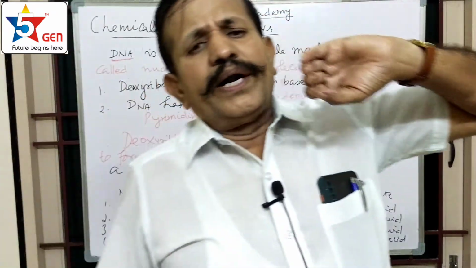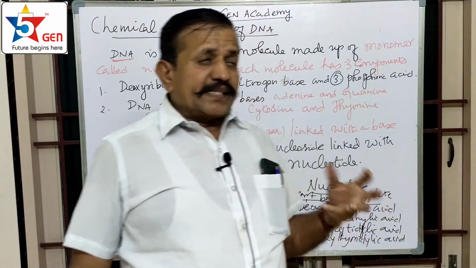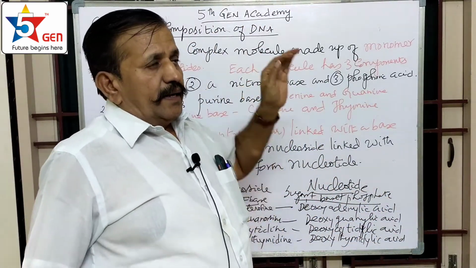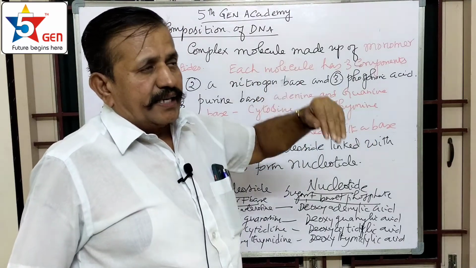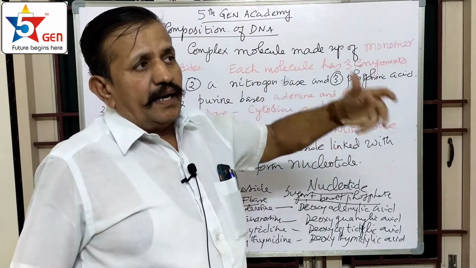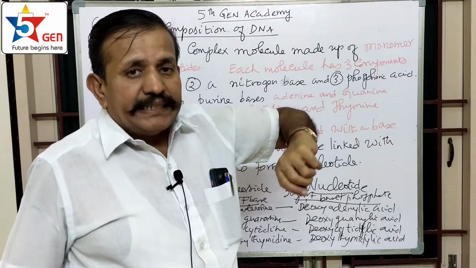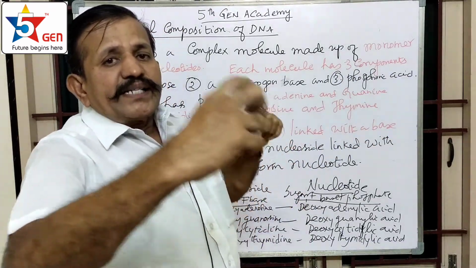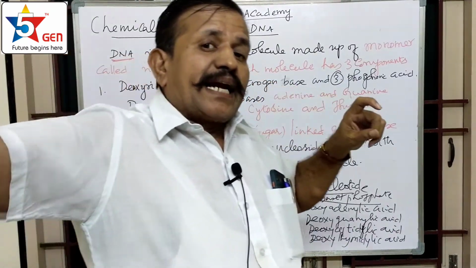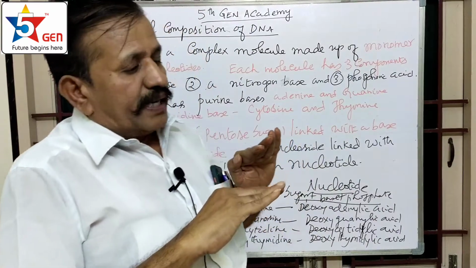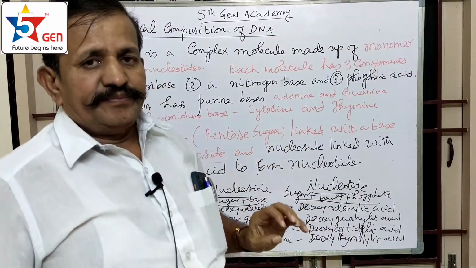What is another important point? Nitrogen base, pentose sugar and phosphoric acid together we call a nucleotide. Many nucleotides are linked together with the help of phosphodiester links, hence we call it a polynucleotide.